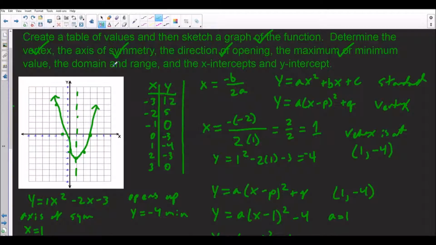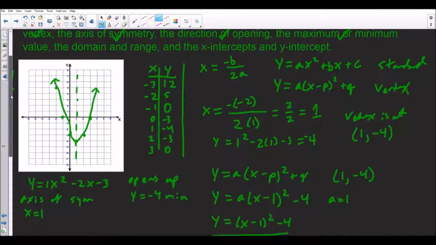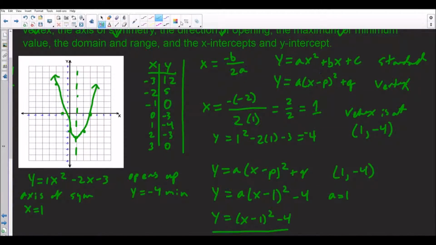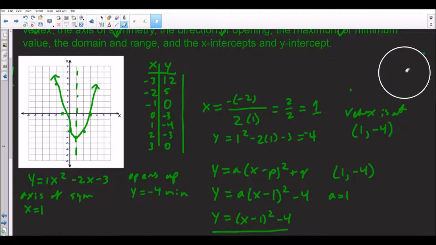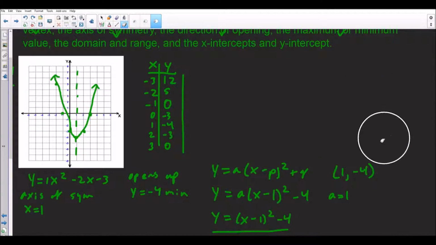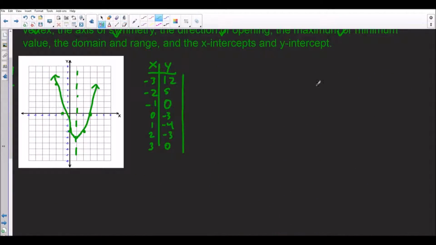The domain and range. So let's try those ones. What I'm going to do is erase this stuff, and then we'll have some space to do the domain and range and the x-intercepts and y-intercepts. So we found the vertex formula was y is equal to (x minus 1) squared minus 4.